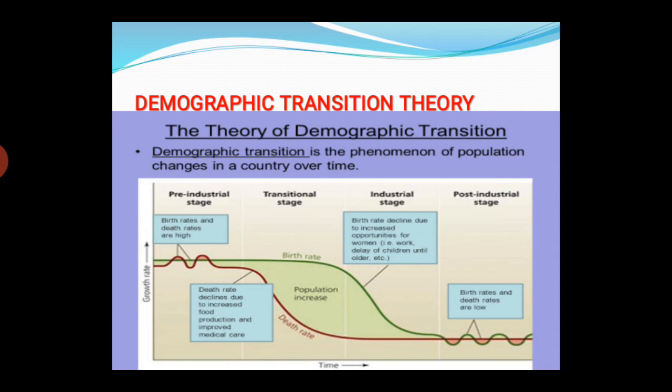That is, it deals with different dispensations, different generations, different times based on population changes, basically in terms of birth rate and death rate, in different eras. So this is what this theory is based on.